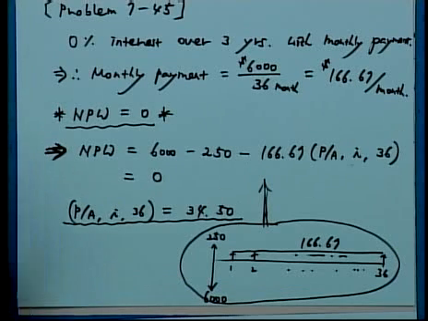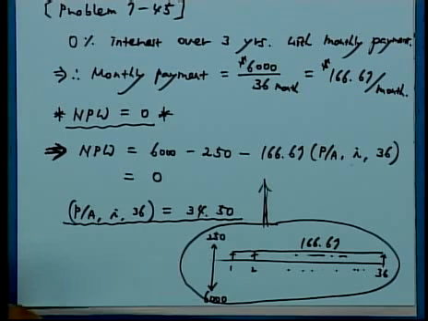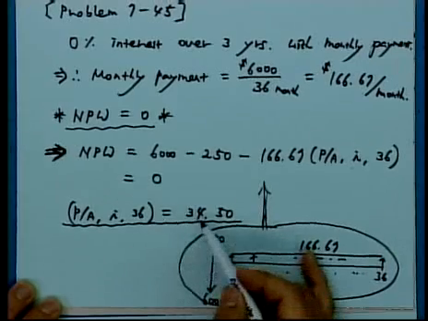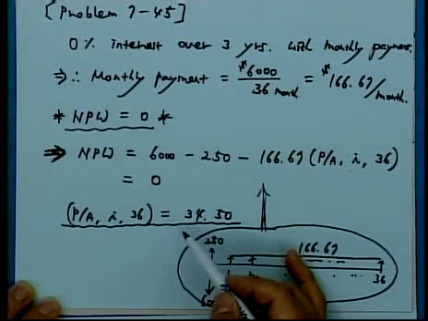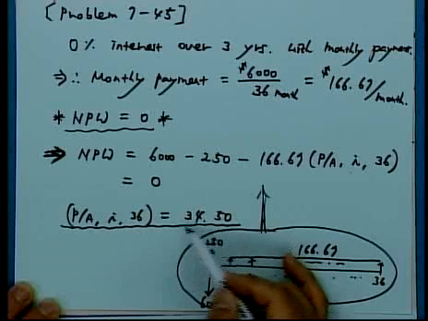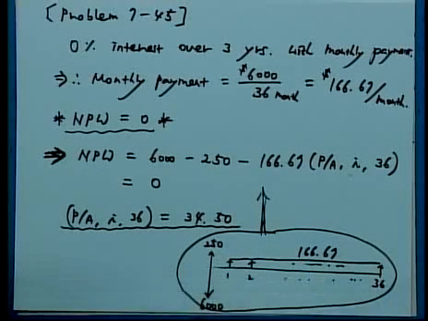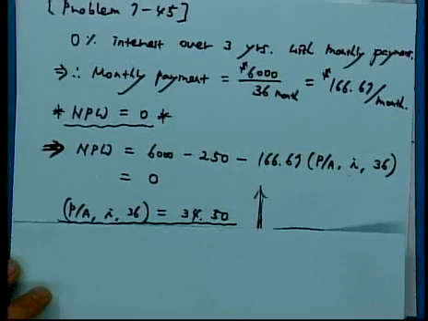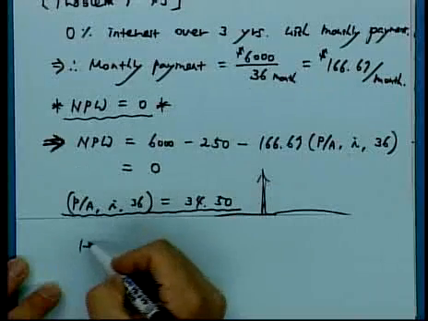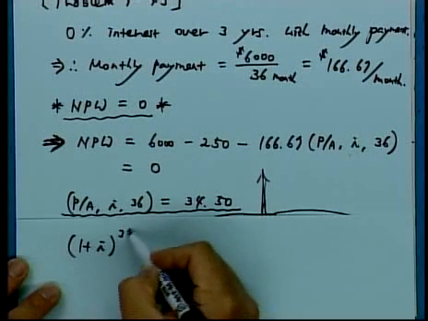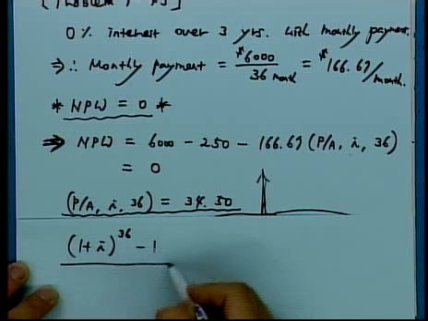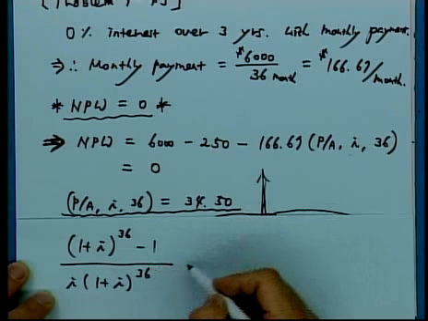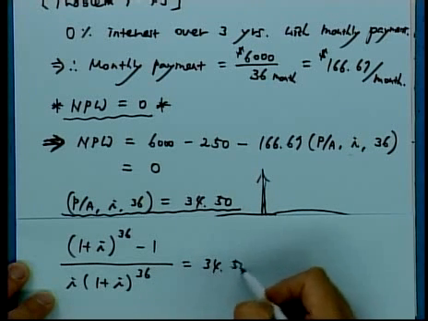The compound interest tables in Appendix B of our text do not go to a low enough interest rate. So we must solve (1 plus I) to the power 36 minus 1, over I times (1 plus I) to the power 36, equal to 34.50.